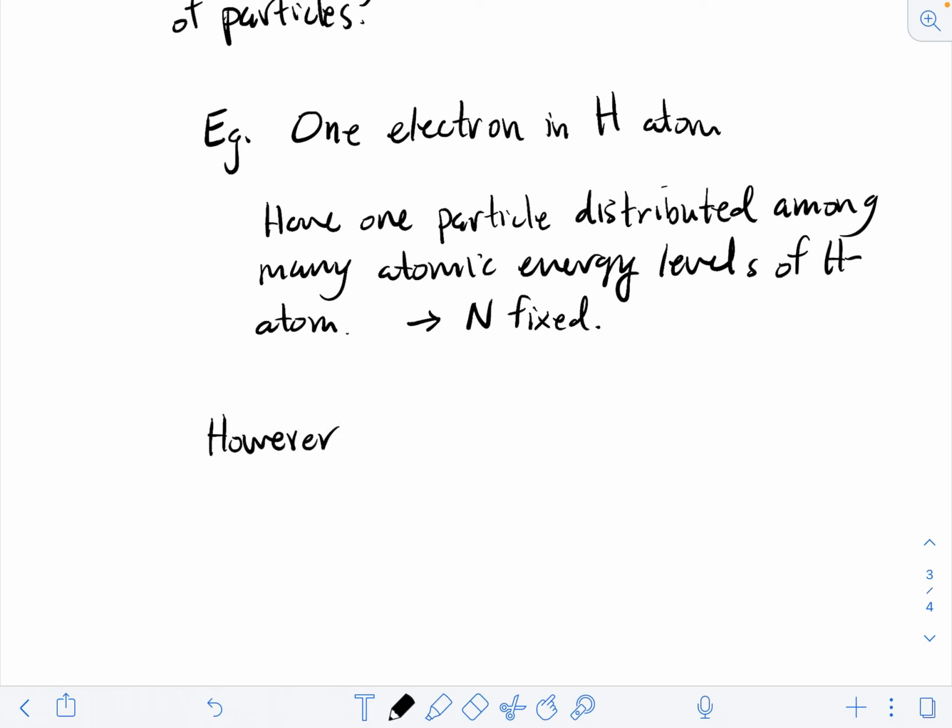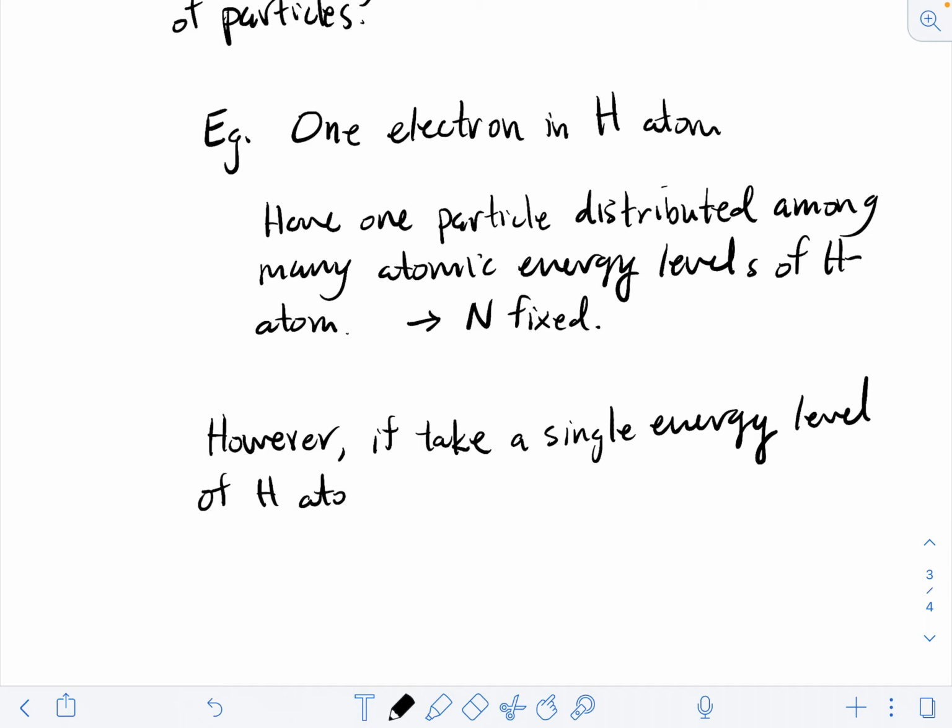However, if we take a single energy level of the H atom, whichever one you want, like the n equals 3 energy level, we could say that either that level has the electron or it doesn't. And so the occupancy of that level is either no particles or the one electron.